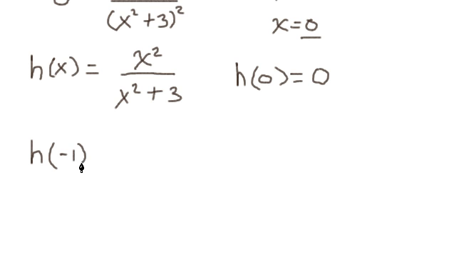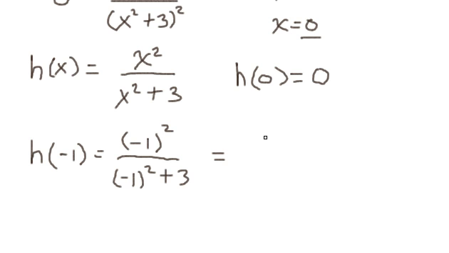So I'm going to plug -1 in. We get -1 squared over -1 squared plus 3, and that simplifies down to 1/4, it looks like.